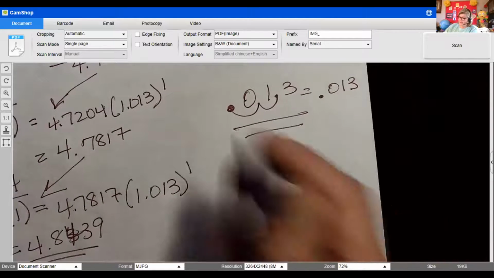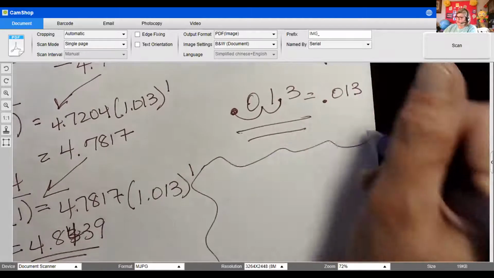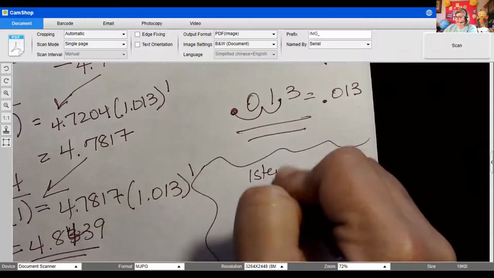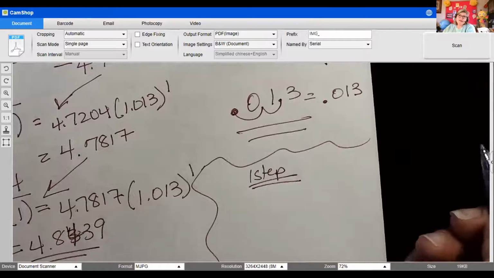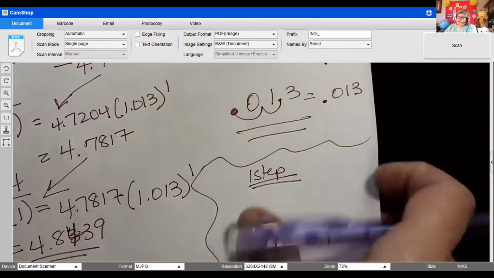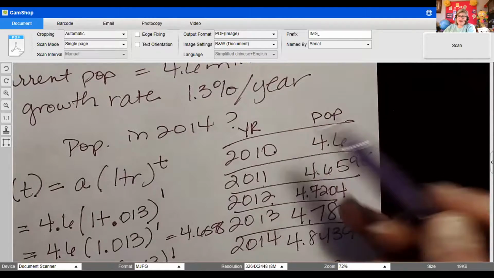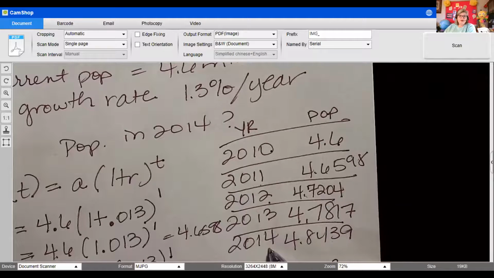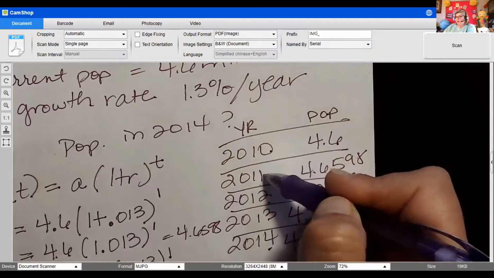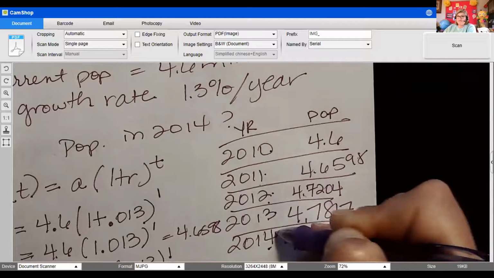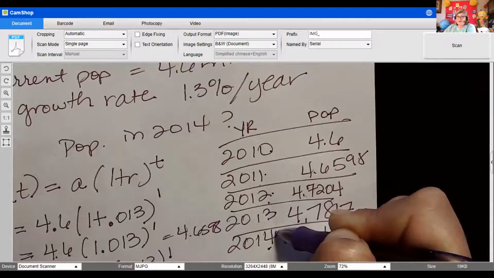Now, I promised that I would show you the one-step approach. The way that we could do this is we started in 2010, and we were asked to find the population in 2014. That is simply 1, 2, 3, 4 years into the future.